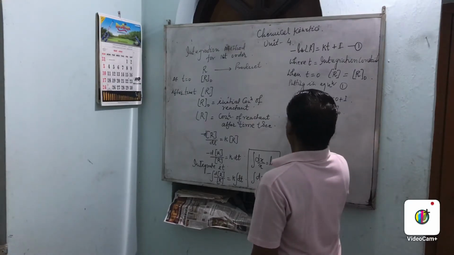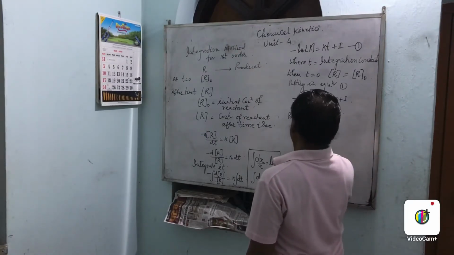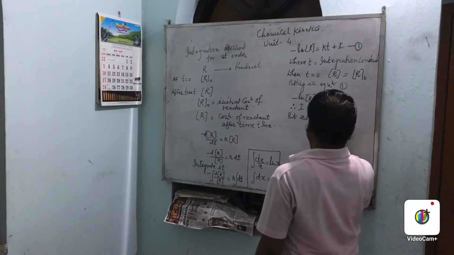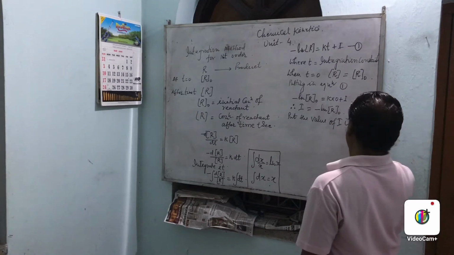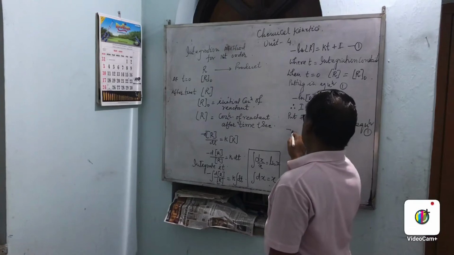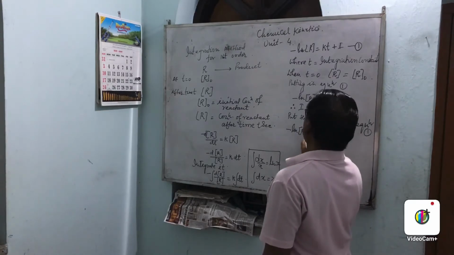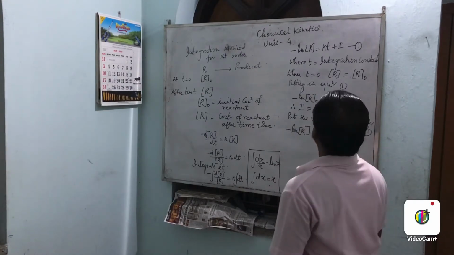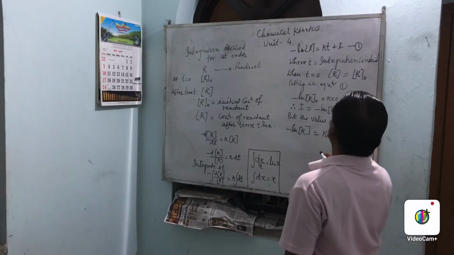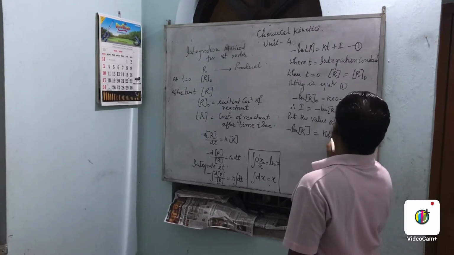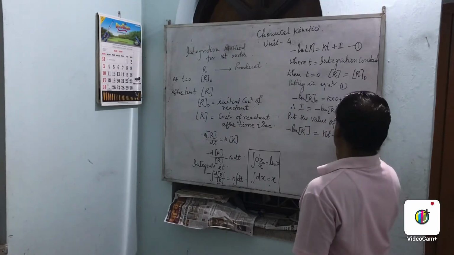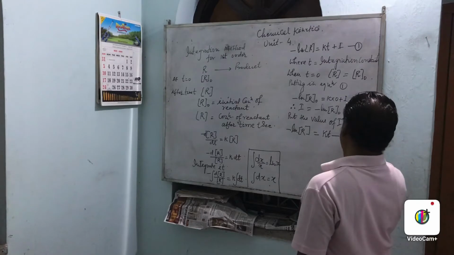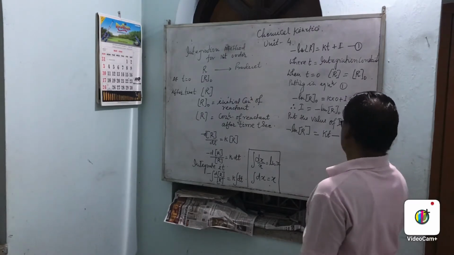Now put the value of I in equation 1. So we can write here minus ln R is equal to kt minus ln R naught.